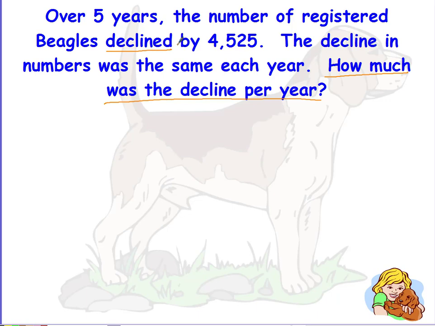What does the word decline mean? Is it a positive or is it a negative? Yes, decline means negative. So it's declining by 4,525. It was the same each year, so it's over the 5 years. So this is a division problem, and we're going to go ahead and divide this.